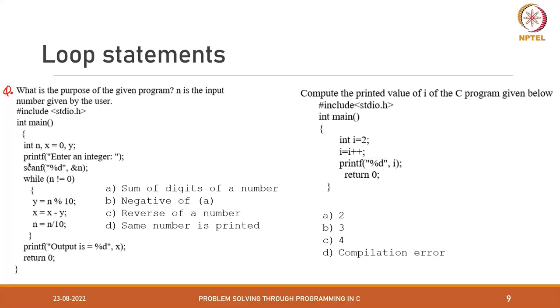So the best way to tackle such kind of questions is to take any input, say my input would be 123. Say I'm taking an input of 123 and run the entire duration, start from here. This is the input statement, right? So here I would have inputted n is equal to 123. So run the entire while loop until this condition becomes false.